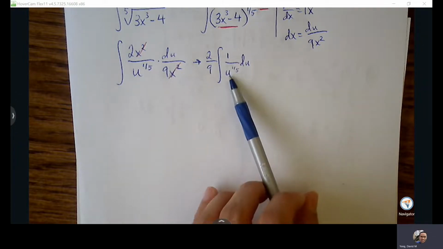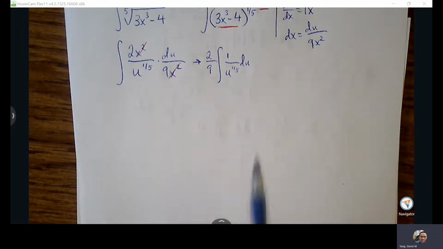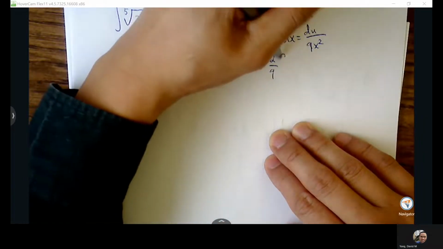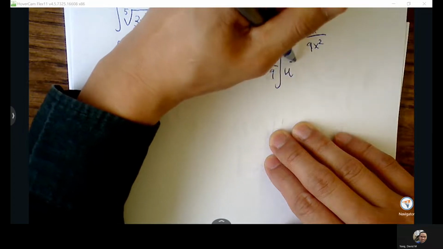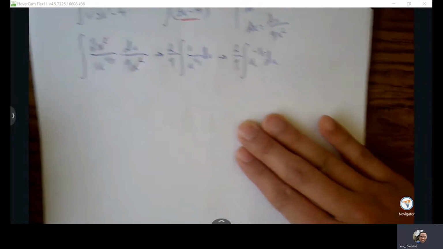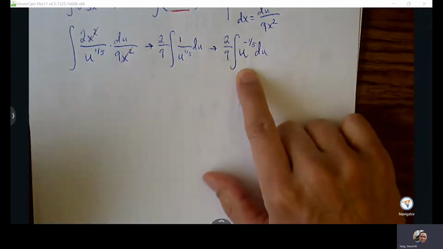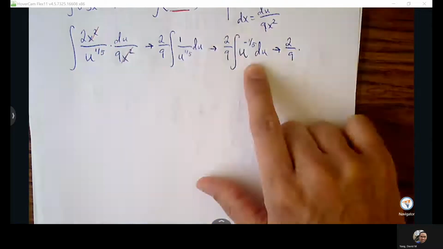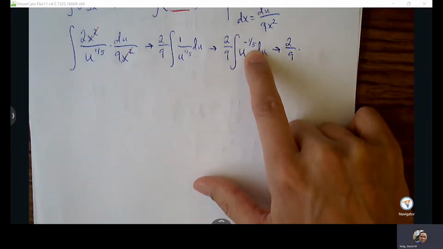But this u is out of place, right? So we have to push this u up to the top. Okay, go through power rule. Add 1 to the exponent, right?